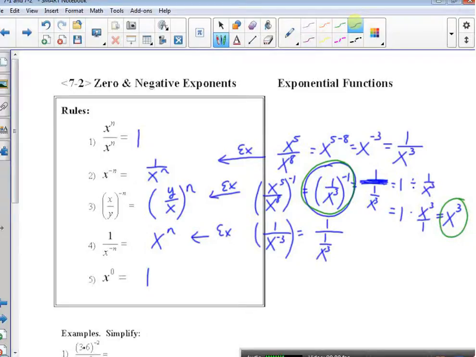And here we are again, the same scenario as the previous. That's really equal to 1 divided by 1 over x cubed, which is really just 1 times x cubed over 1, or x cubed. So if we look at what we started with and where we ended up, if it's negative in the denominator, it can go up and be positive in the numerator.